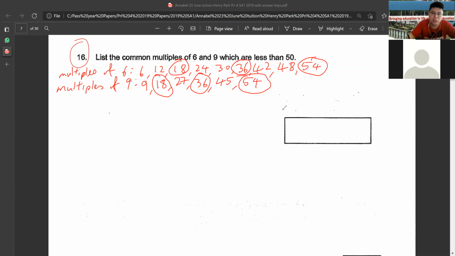So the answer should be? 18 and 36. That's all, only 2 answers. Okay. So you need to learn how to list out your multiples and choose which one is the common one. Because it's common multiples.